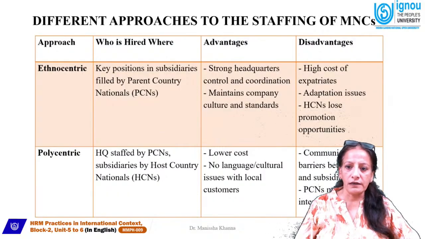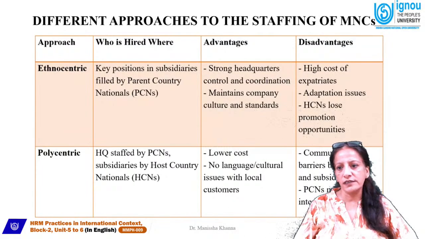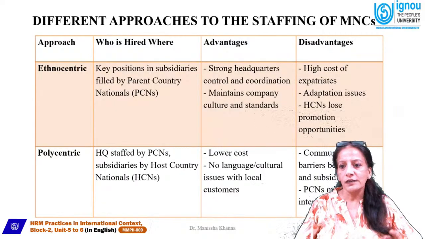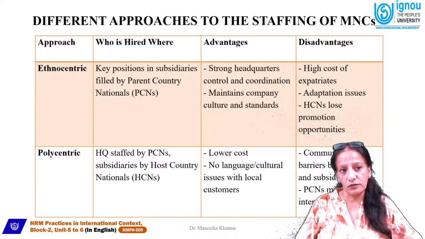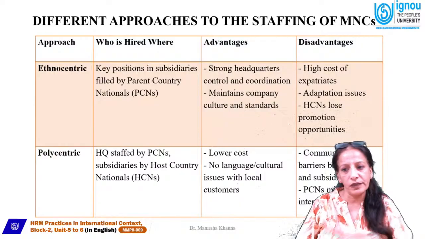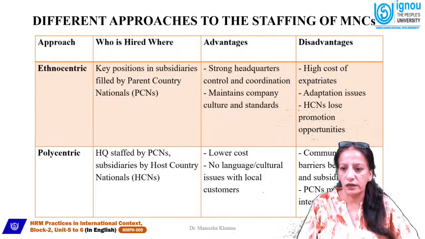It maintains company culture and standards. But the disadvantage is the high cost of expatriates, also called expats. They need to relocate the expats from the parent company to another country.